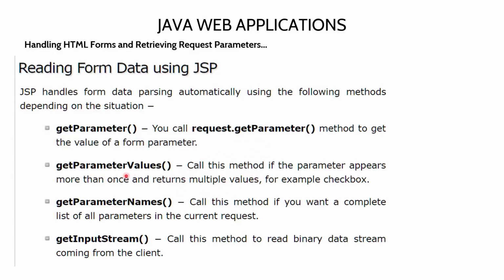We use getParameterValues if we have a multi-value element on our form, such as checkboxes, which can return multiple values. getParameterNames, we call this method if we want a complete list of the parameters in the current request. And getInputStream, we call this method to read a binary data stream coming from the client.